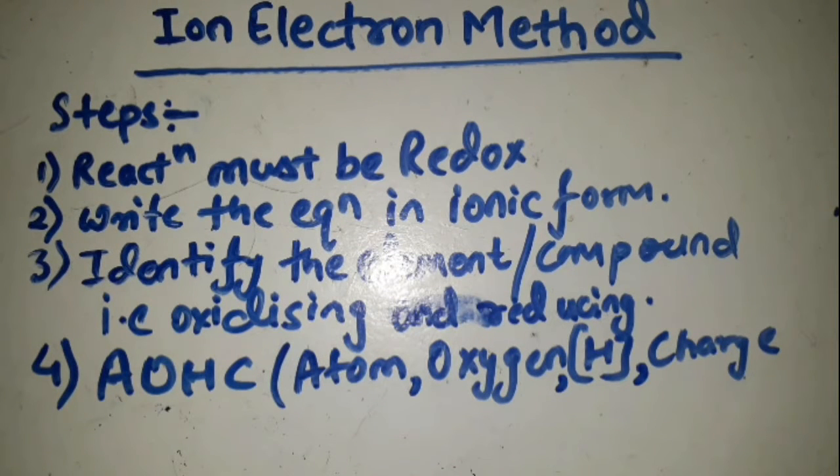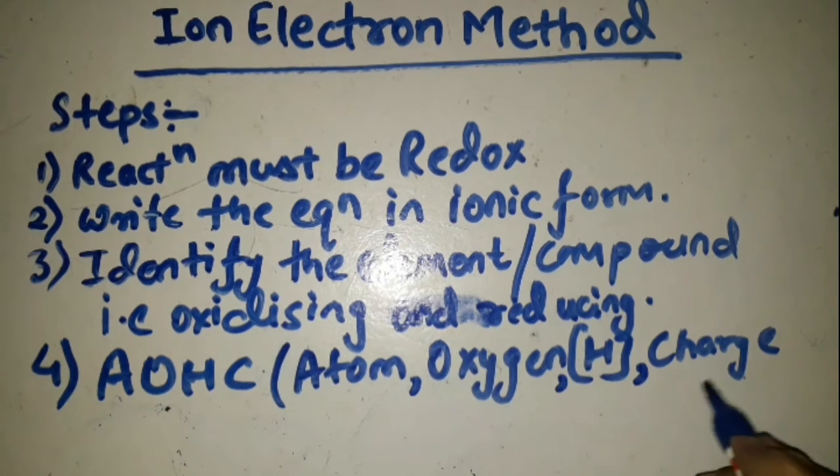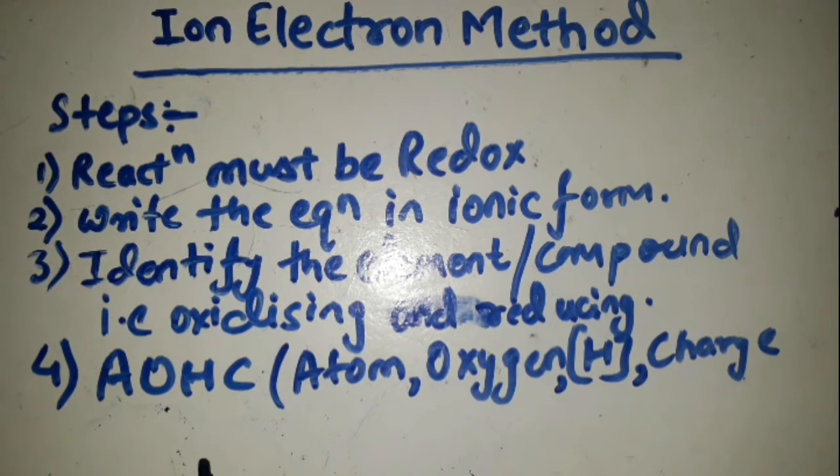While balancing the charge, we will add electrons in such a way that the electrons in both the equations get cancelled when we form the two half equations. We will get a better view of this through an example.